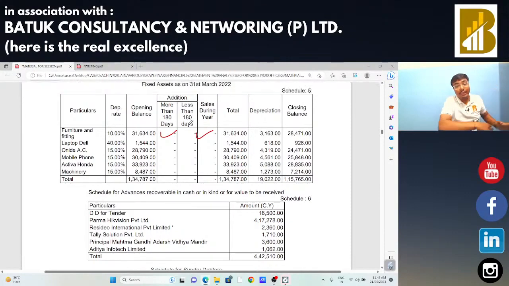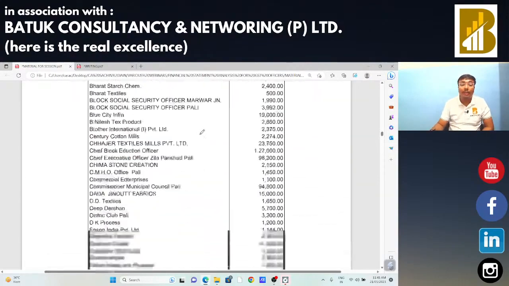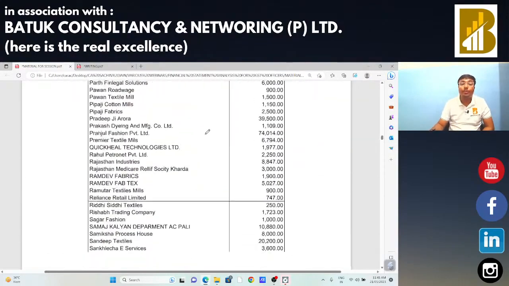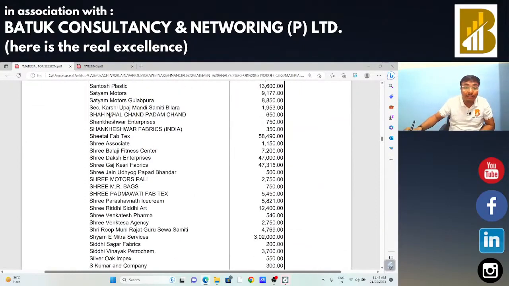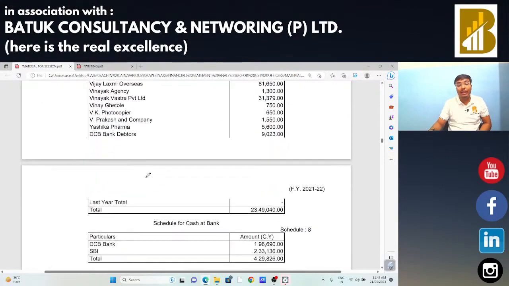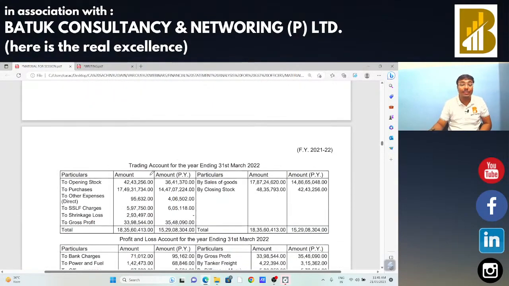So if there is no addition and no sales, in that case it is okay, we are not going to do anything. Okay, sir. So that is the point on which we need to do the analysis. Annexures are there, you can check the parties to verify that there are no fake parties. So you need to demand the same annexure wise.